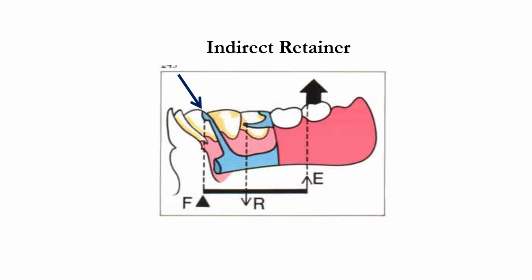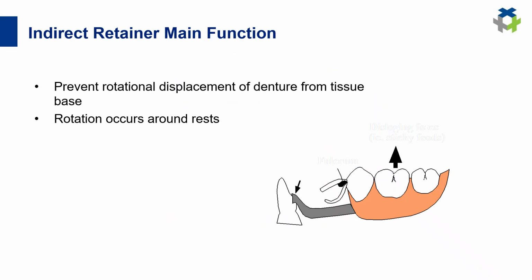To prevent this, we have an indirect retainer in the anterior, which is this blue colored rest, placed in the anterior to prevent the rotational movement. Thus the main function of the indirect retainer is to prevent rotational displacement of the denture towards the tissue, and this type of rotation usually occurs around the rests.